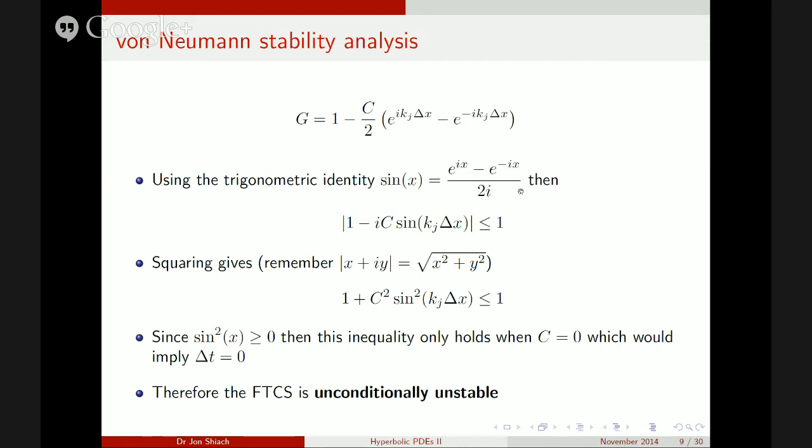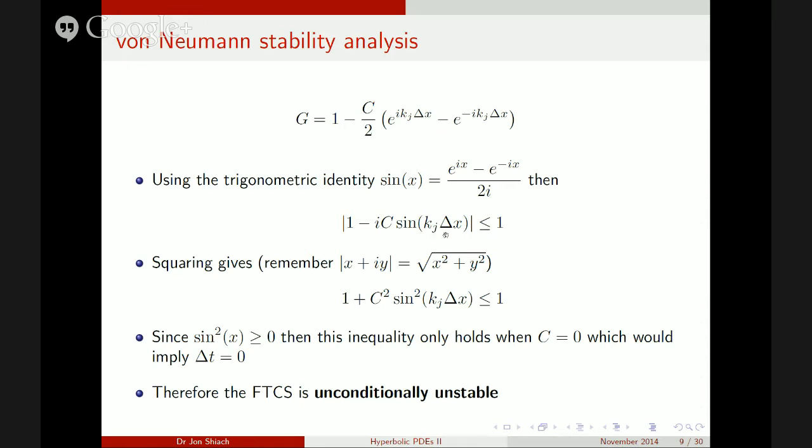If you see up here, we've got a similar form. If we say kj delta x is simply equal to x here, I've got e to the ix minus e to the minus ix. The only thing I haven't got is over 2i. We've got over 2 there. The only thing I'm missing is i. So if I multiply top and bottom by i, I could write this in this form. I have 1 minus ic sine, and then that in the bracket.